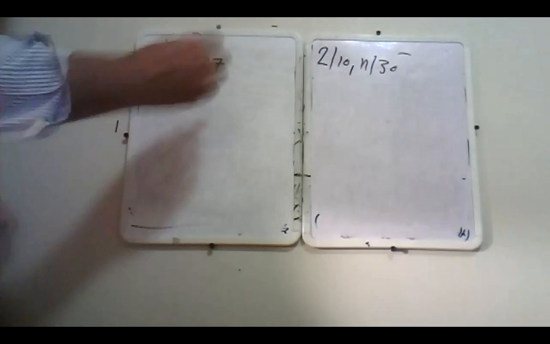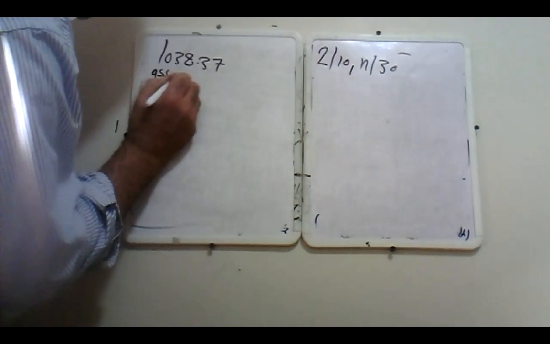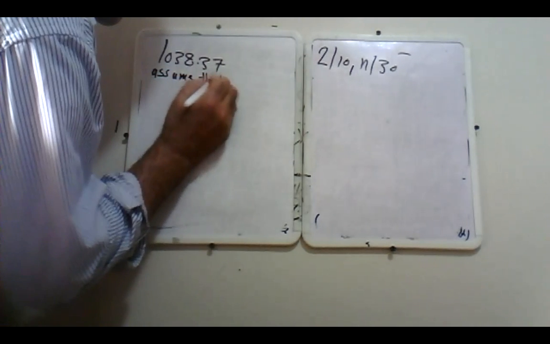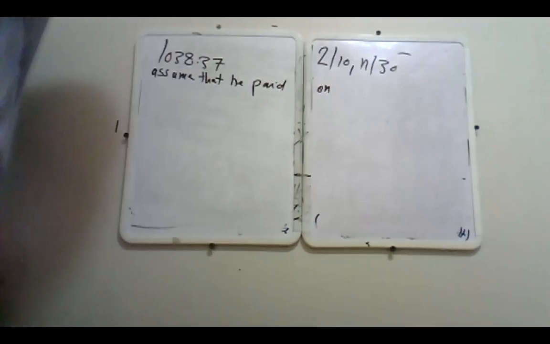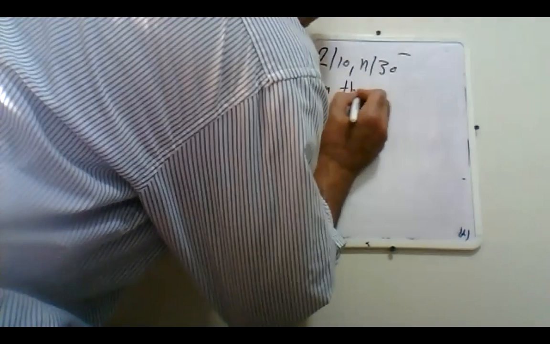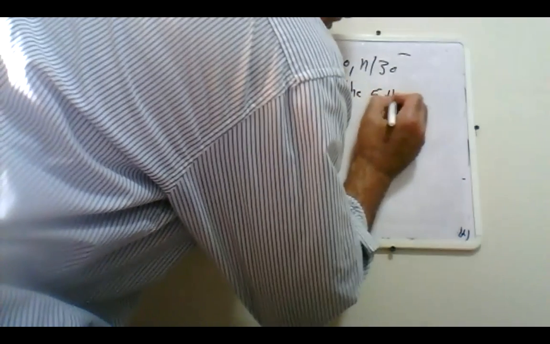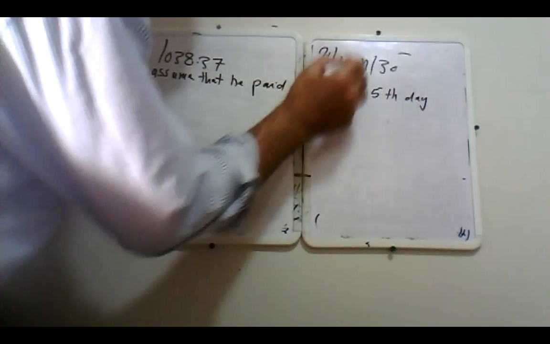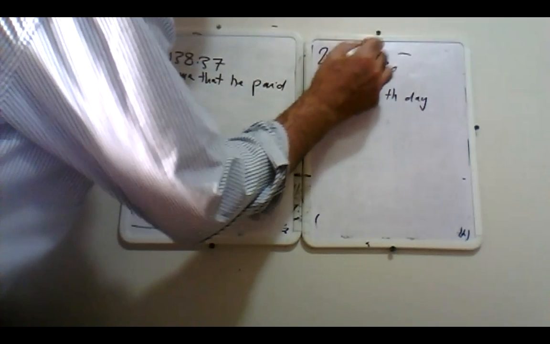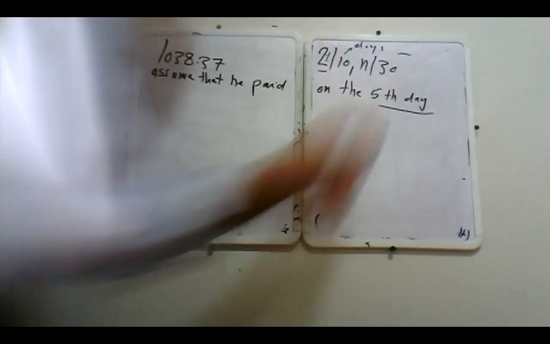Assume that he paid on the 5th day. You said he will have 2% if he paid within 10 days. But he paid only on the 5th day.